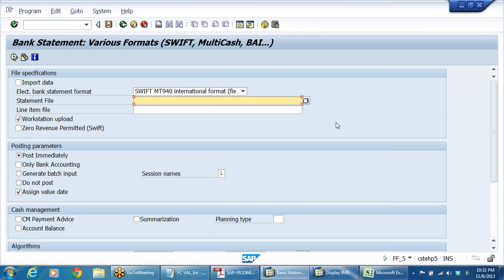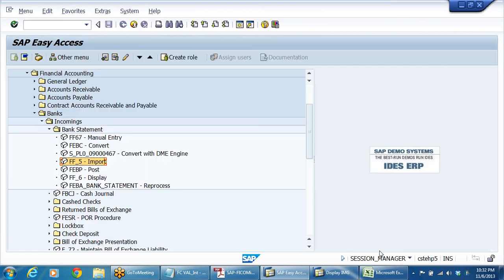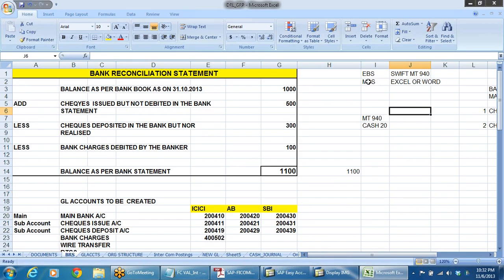So the process we are going to see now is only MBS, manual bank statement, but we are going to see the total configuration, whether it is EBS or MBS. For electronic bank statement, the total configuration we will do. Additionally, 1 or 2 steps you have to do for manual bank statement, but we are going to execute manual bank statement only.